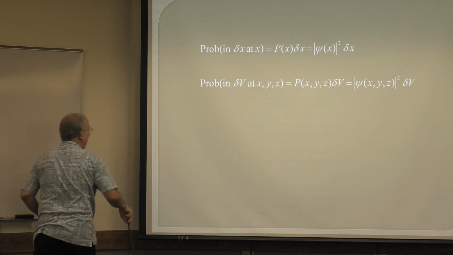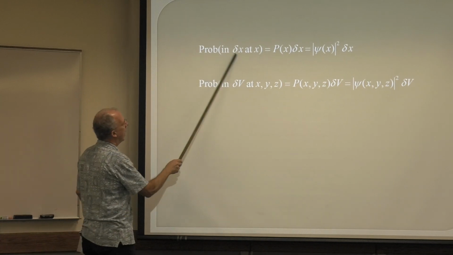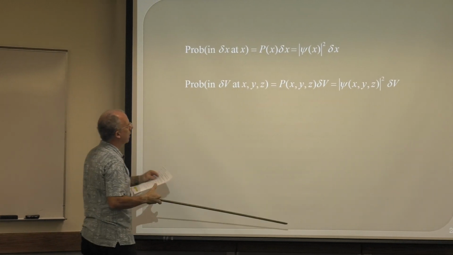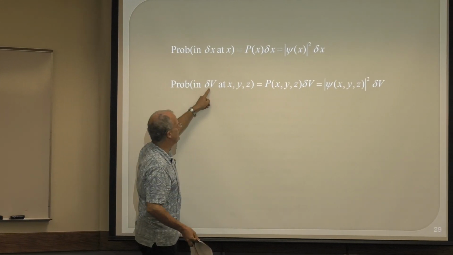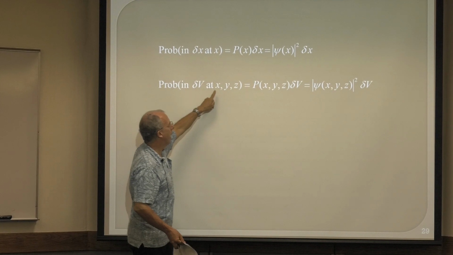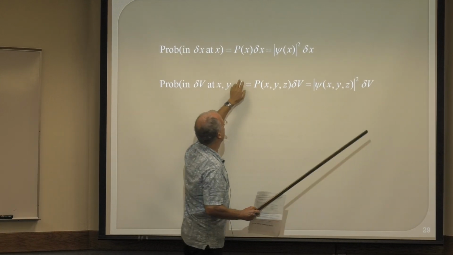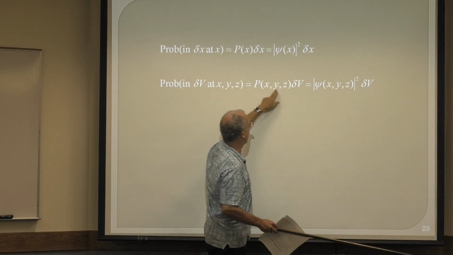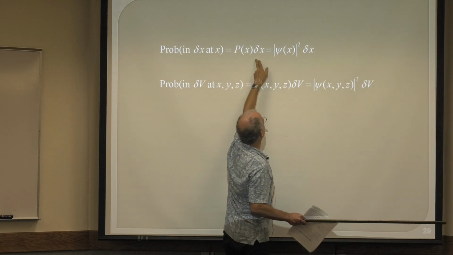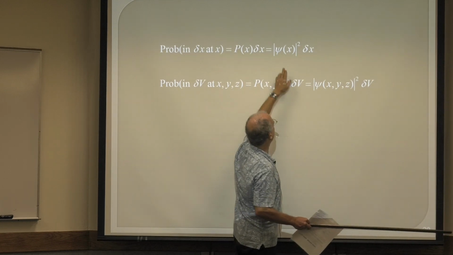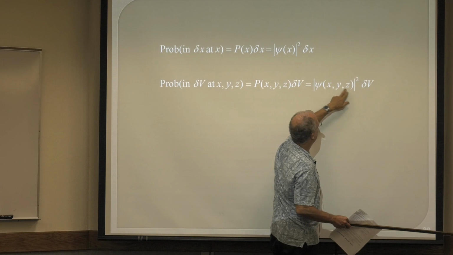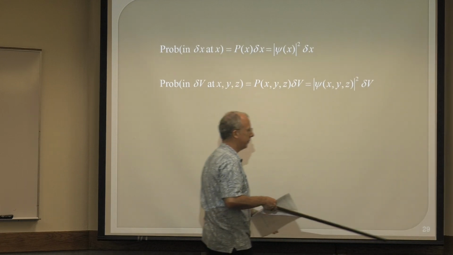So instead of saying the probability in delta x at x, we're going to say the probability in some delta v, v is volume, at x, y, z. And instead of having dx, we have a dv. And then the wave function has 3 variables, and there's a dv. That's all.